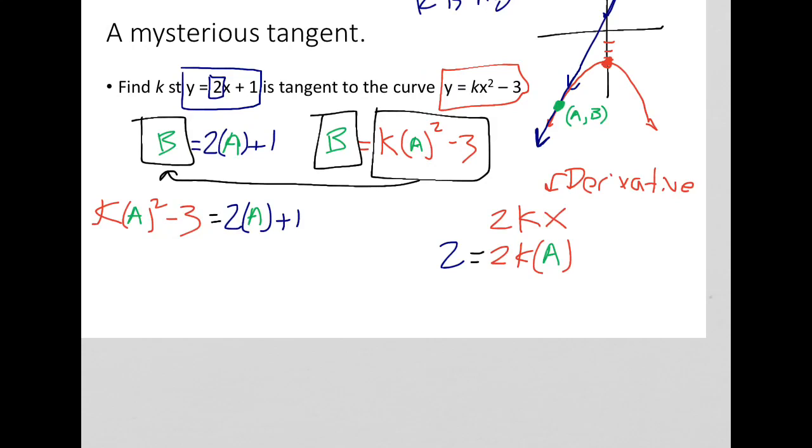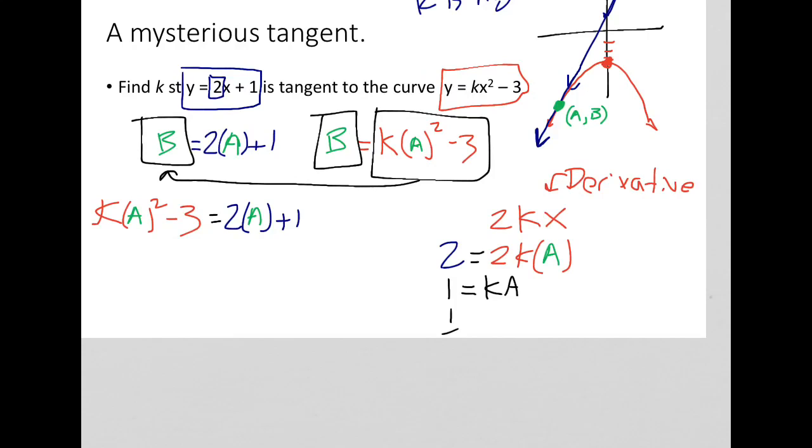And now I have two equations and two unknown values, a and k, so I can solve my system of equations. Look at the new equation we got over here. 2 equals 2ka. I'm going to simplify that to 1 equals k times a. And I'm going to solve this for k.